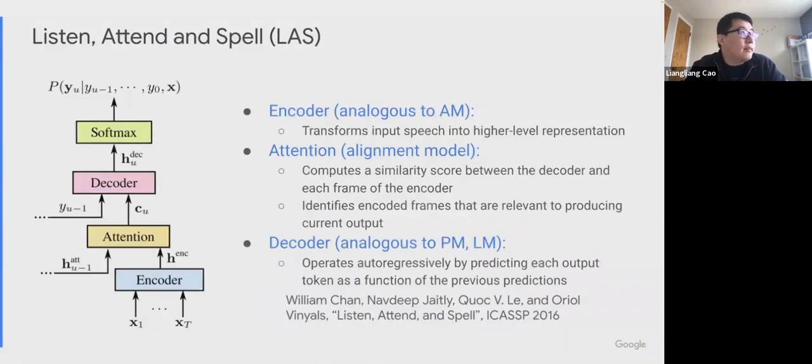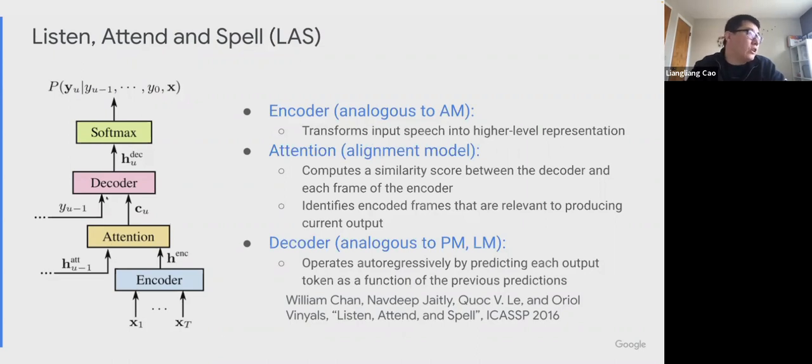The second model I'm going to talk about is called LAS, Listen, Attend, and Spell. It is a pretty complicated one, but when it was published it received a lot of attention. It has an encoder and also attention. Attention is more like alignment and also like a decoder. The paper was published at ICASSP 2016.